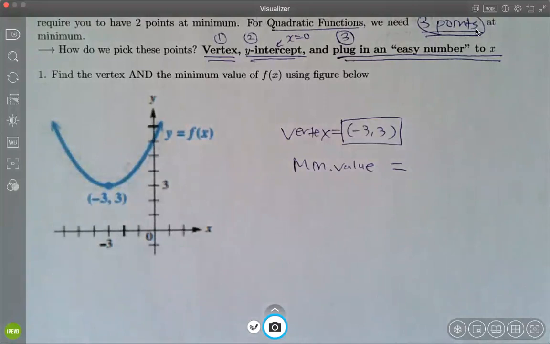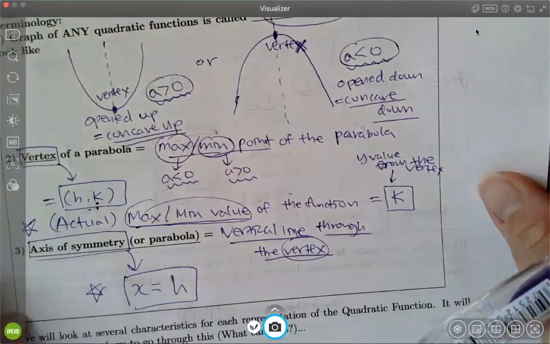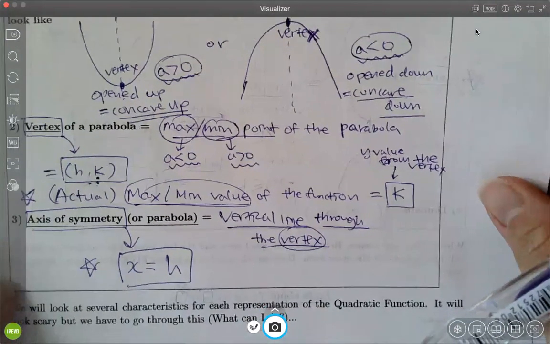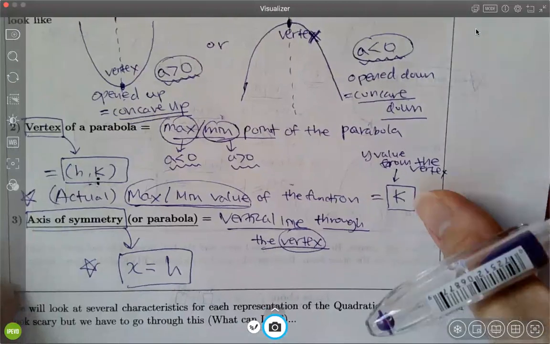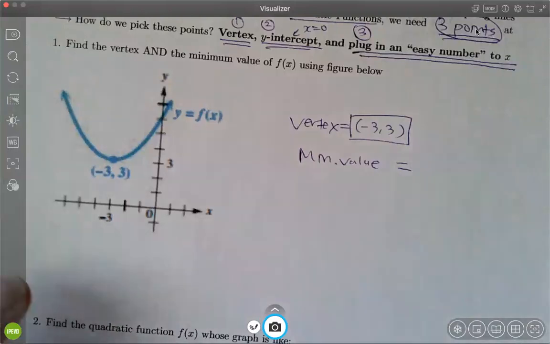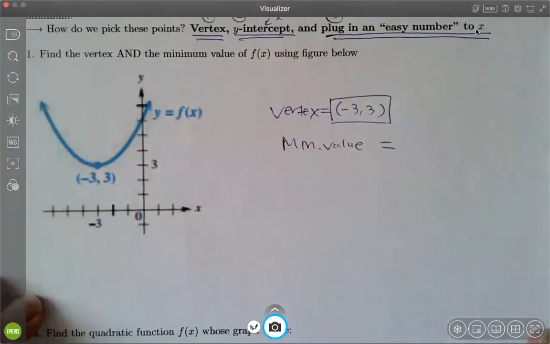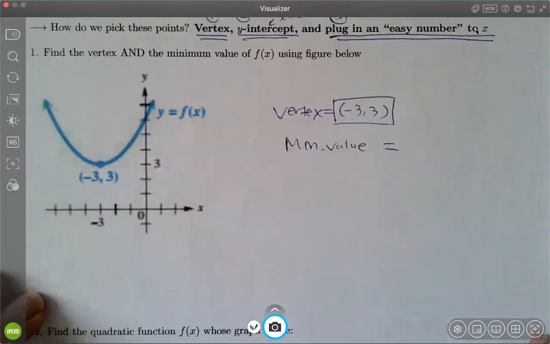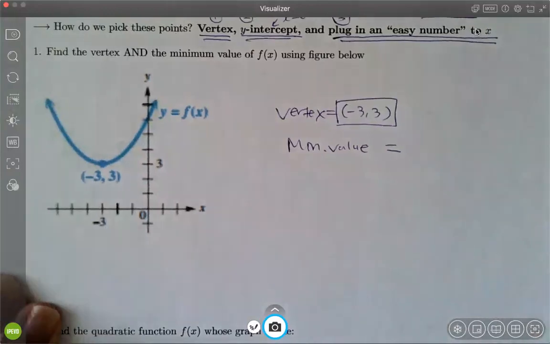Negative 3, 3. Same thing? It's not the same thing. So remember, whenever you have maximum or minimum value of the function, what does it mean? The k value, right? So what is the answer? What is the k value from this vertex? 3.